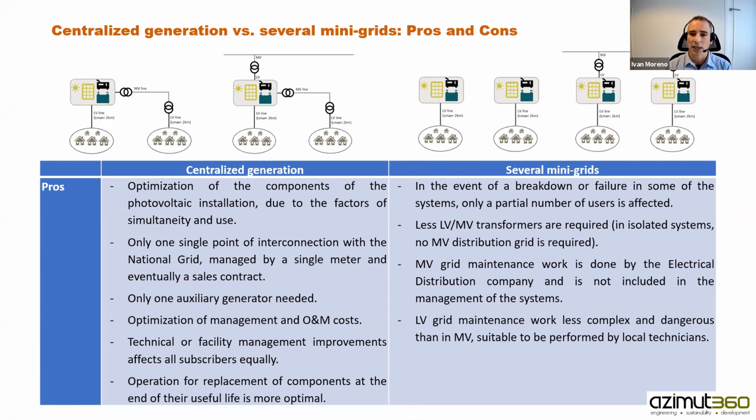We also have only one auxiliary generator needed. As you know, generators have maintenance and cost, and so if we have only one unit, or some gensets, but in the same place and in the same installation, it's easier to manage the operation costs.